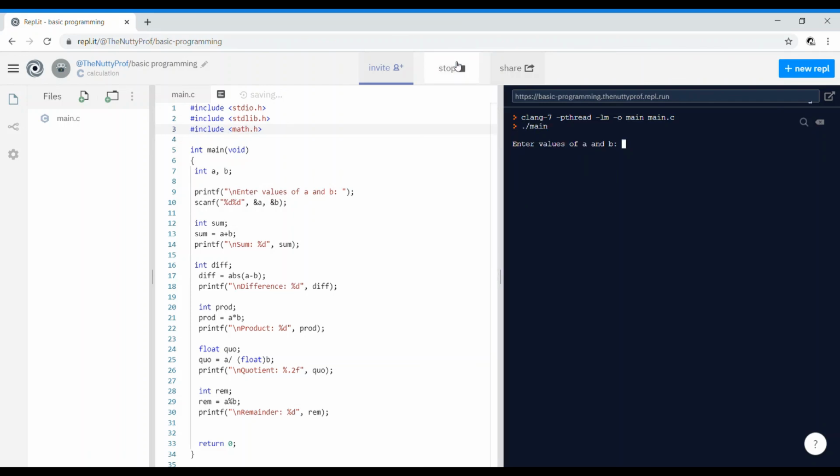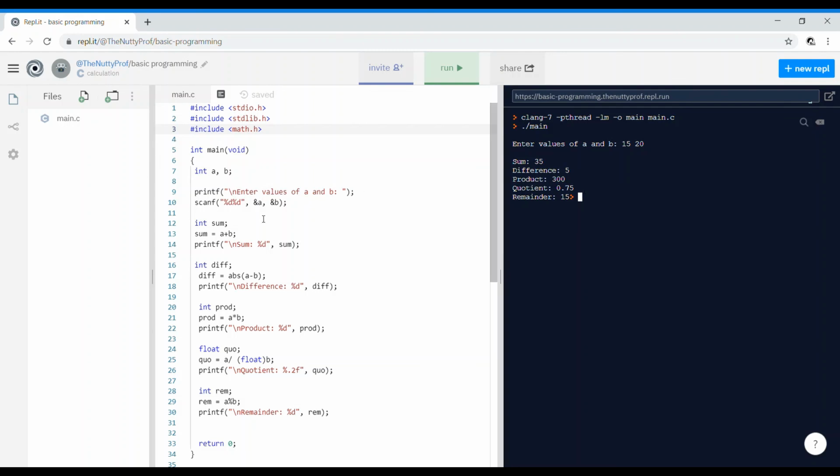So the values of a and b, I'll give the same 15 and 20. Now see, the difference is given as 5. It's just the unsigned value, the modulus of the difference is found. Now the quotient still becomes 0.75 even after I've given the float explicit type conversion on the value of b.